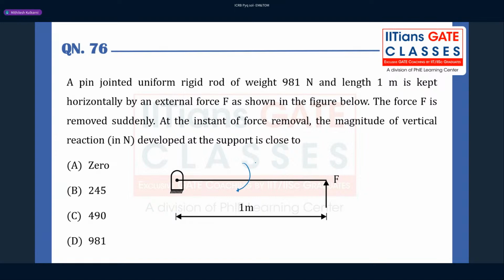It's rotating with I alpha. And in order to balance it, some reaction will be generated at the support. So you can imagine like this 981 is acting at a, this is uniform rod. So 981 is like CG is somewhere here. So this is I alpha. And to balance that, we have a reaction at this support. It will create a clockwise moment.